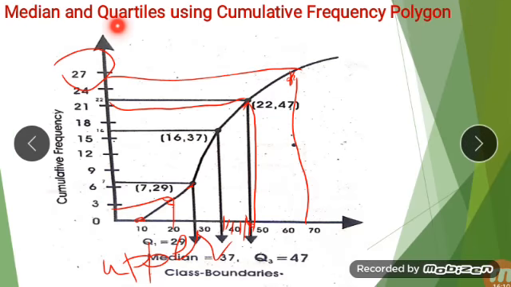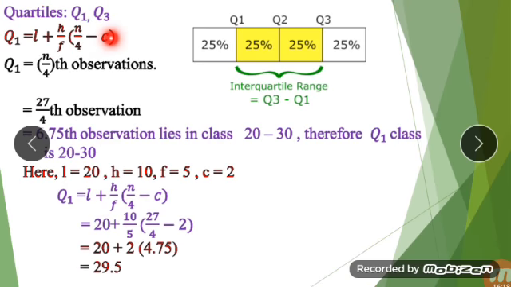Now we are supposed to find the quartiles. For the quartiles, first of all, we have to determine which class Q1 lies in. For Q1 we have to divide n by 4. Why n by 4? Because quartiles divide the data into 4 parts. So the total data should be divided into 4 parts.